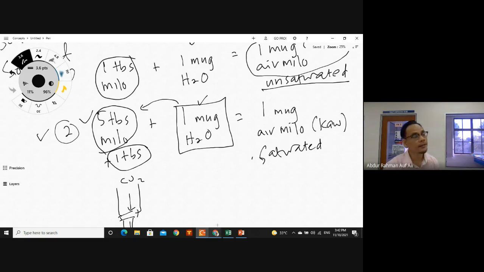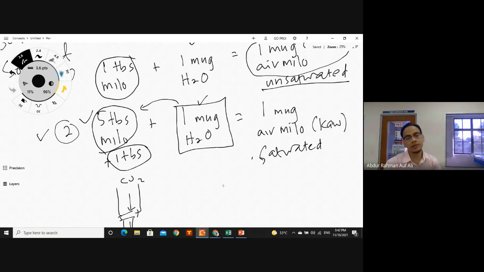Okay, another example of supersaturated ialah carbonated drinks. Kalau carbonated drink is just water that we shove carbon dioxide, kita tembak carbon dioxide masuk dalam air tu. At room pressure, if you have a tank of carbon dioxide, kamu buka pipe, carbon dioxide tu just akan go into the atmosphere, you breathe in, you breathe out.